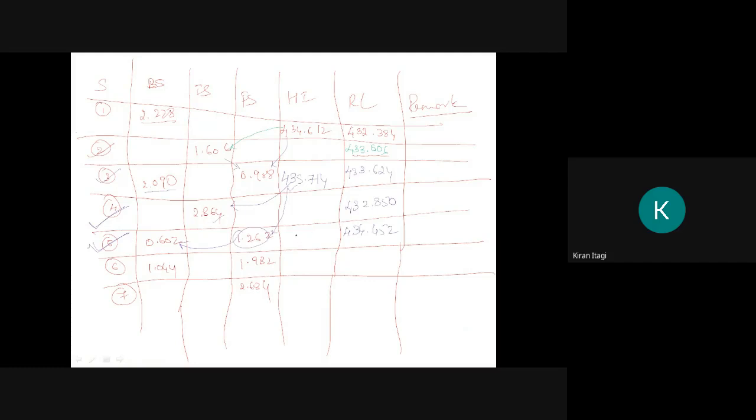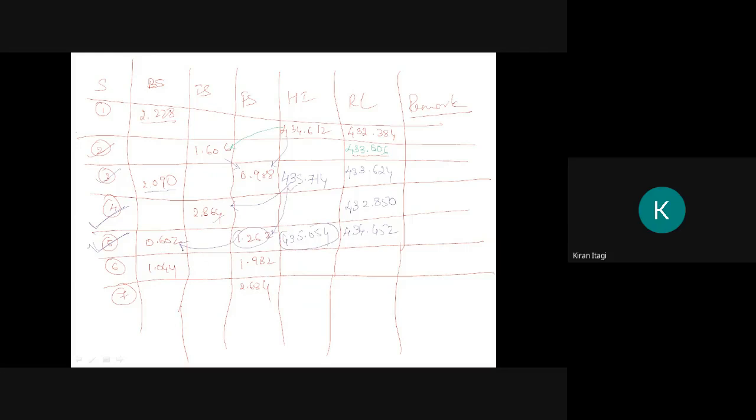If it is a backsight, we have to determine the height of the instrument. How much is it? That is 434.452 plus 0.602. So we are getting 435.054. Now we have got the height of the instrument.